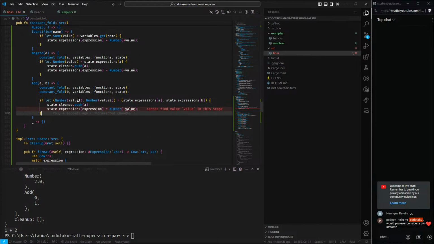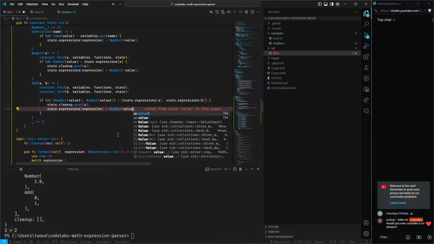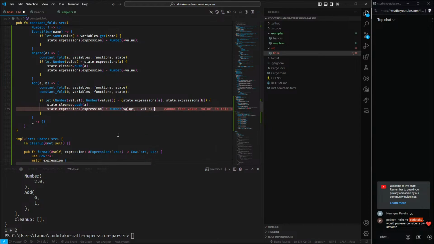So if we find both value 1 is a number and value 2 is also a number, so like both A and B are numbers after the constant folding, then we could basically do number value 1 plus value 2. Or a better name would probably be LHS, RHS, so left hand side, right hand side. But you got the point.